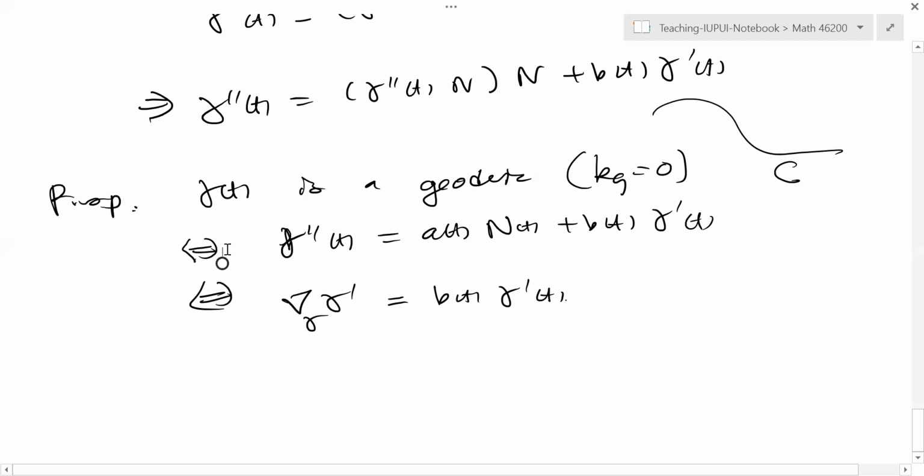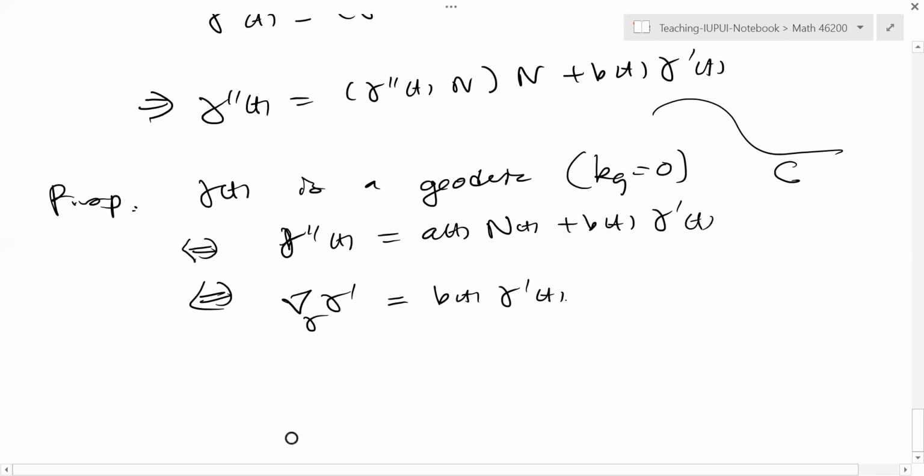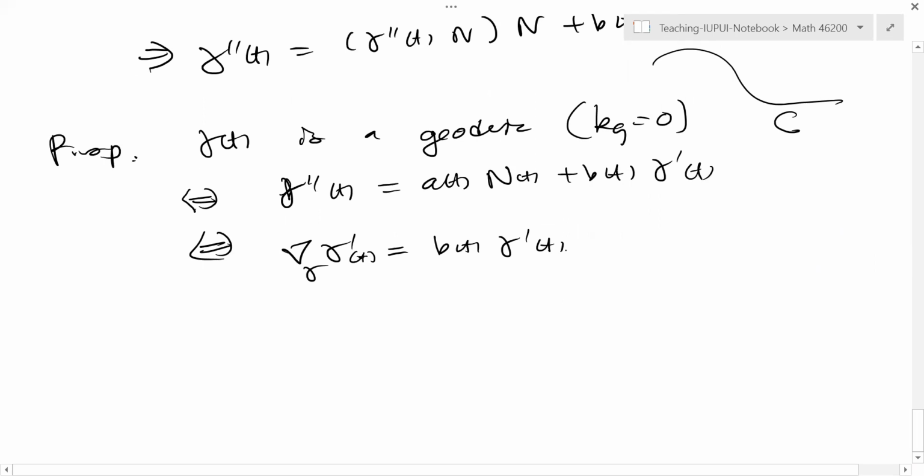The geodesic curvature is independent of the choice of parameterization. And then if you use a special parameterization, then you should have this property.